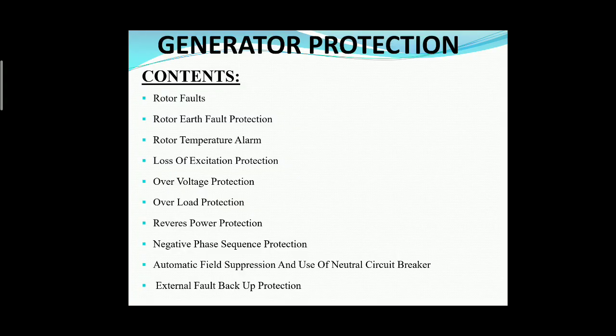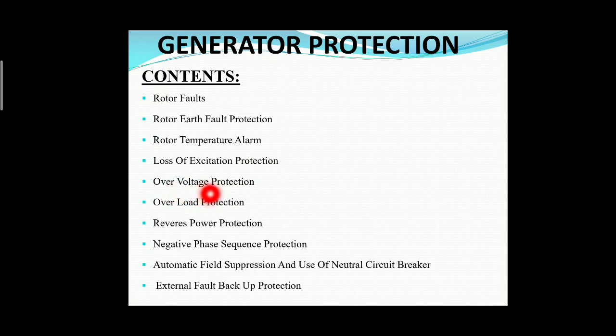Coming to the contents, first is the rotor faults. We discuss what the rotor faults are and how we give protection. Next is the rotor earth fault protection. Next is the rotor temperature alarm. Next is the loss of excitation protection.